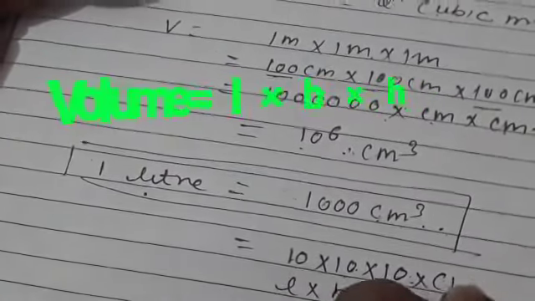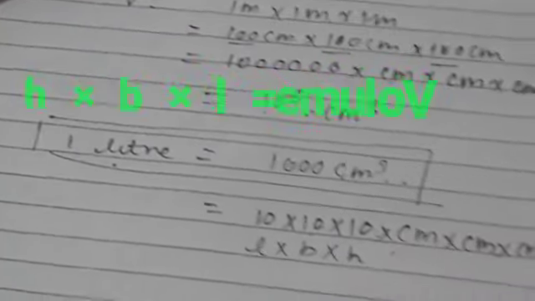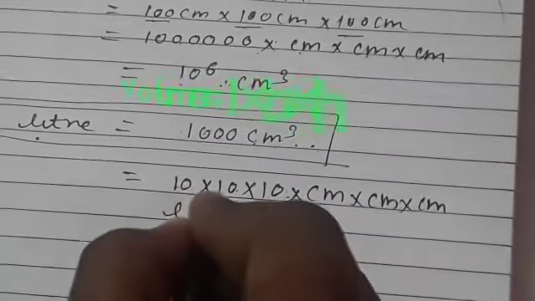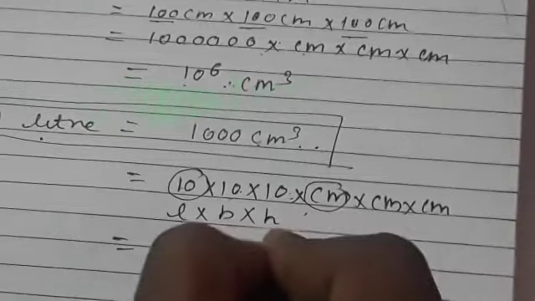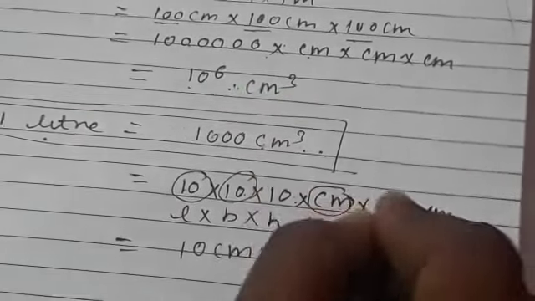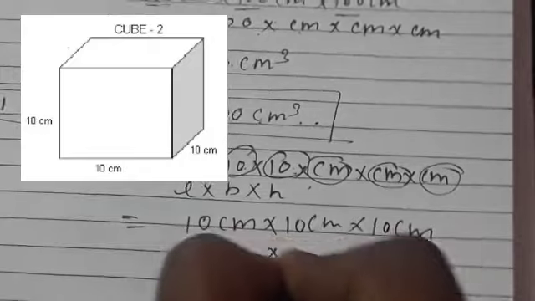Centimeter cube is also here. It means centimeter into centimeter into centimeter. Yes or no? Okay, so we can take this 10 with 10 centimeter, the other 10 with this centimeter, and this 10 with this centimeter. So now your length is this, your breadth is this, and your height is this.